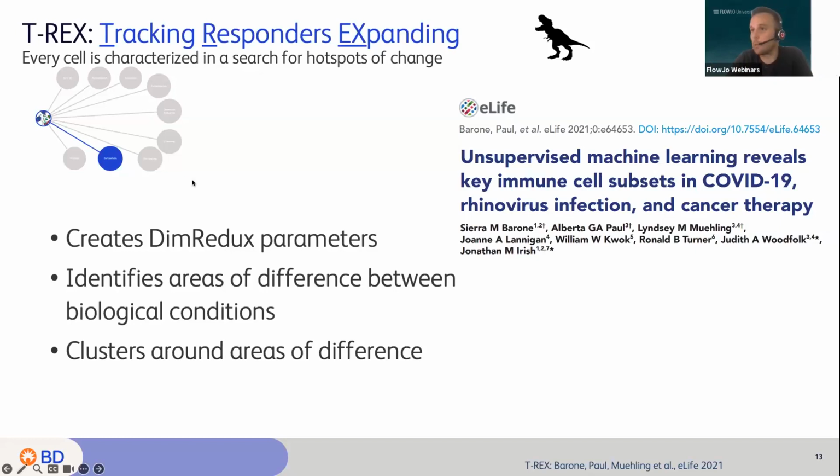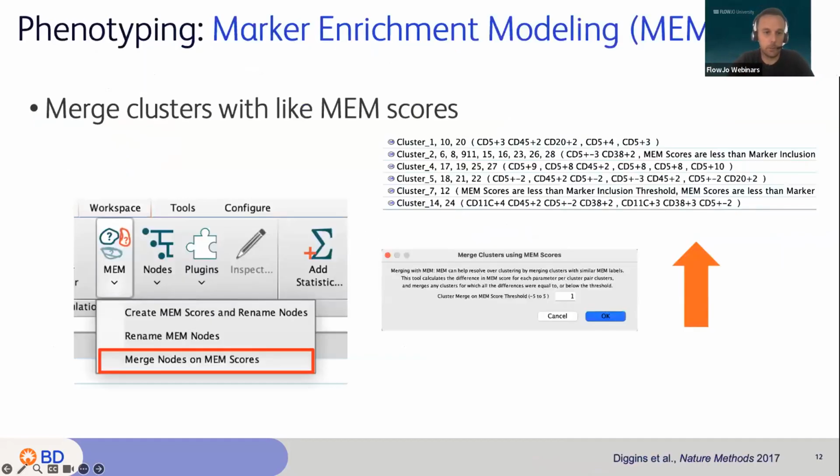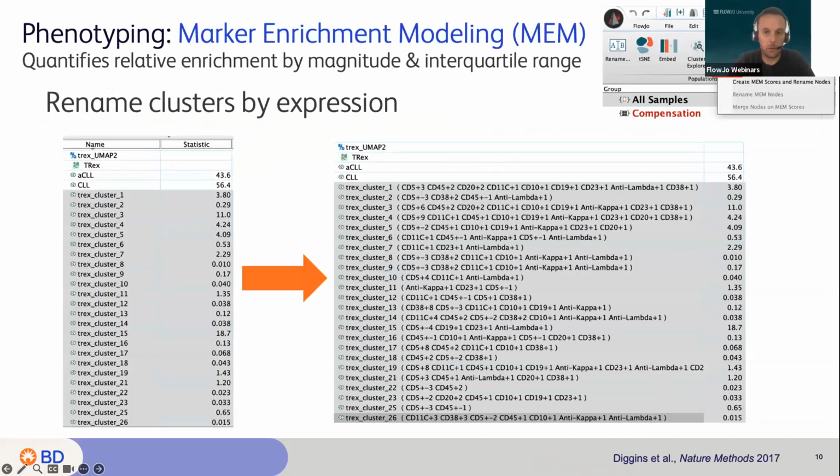All right, so I have a question. I've noticed that with marker enrichment modeling, sometimes you may have a plus or minus sign. Yeah, so, okay, going back, you're correct, it is something that we need to correct here. For example, cluster 9, we have CD5 plus minus 3.